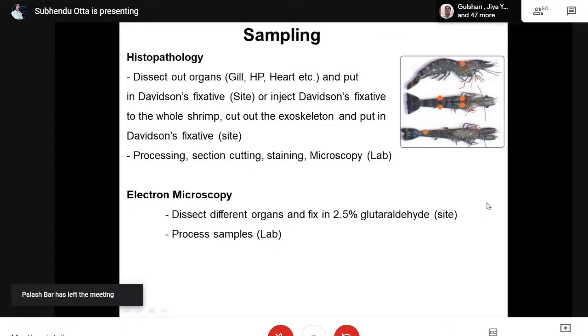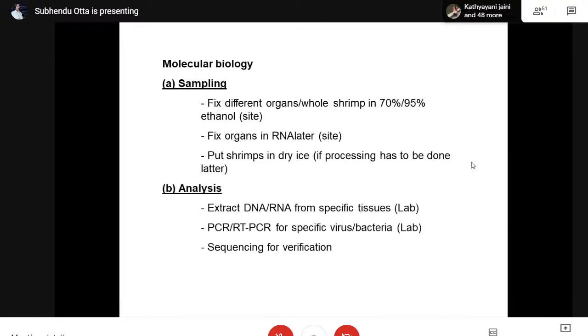Similarly, if you have to do electron microscopy, you can fix in 2.5% glutaraldehyde and then subsequently process for microscopy. For molecular biology, whether you are going for a DNA virus or an RNA virus, depending on that, you can fix in alcohol or RNAlater. And sometimes, if you want to test directly, you can also put it in dry ice.